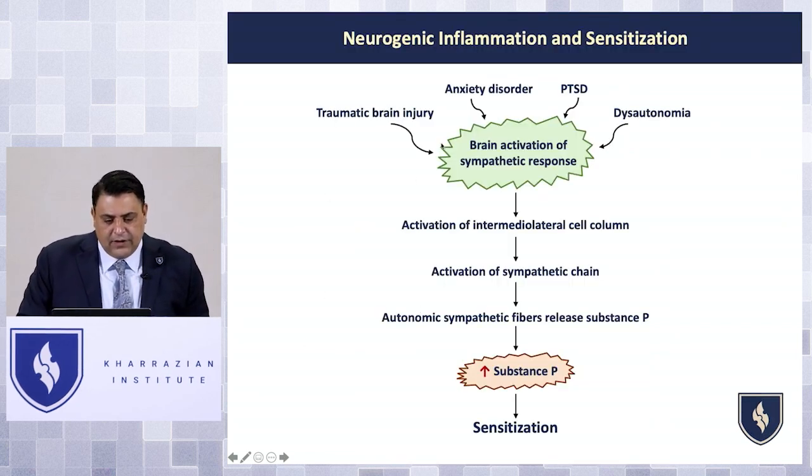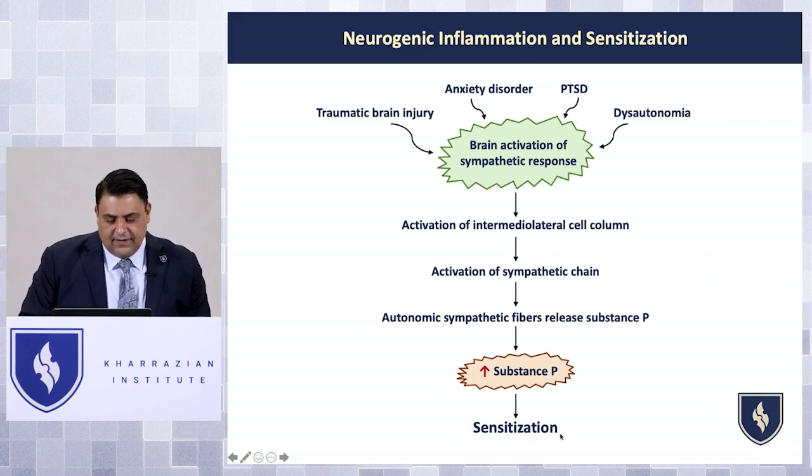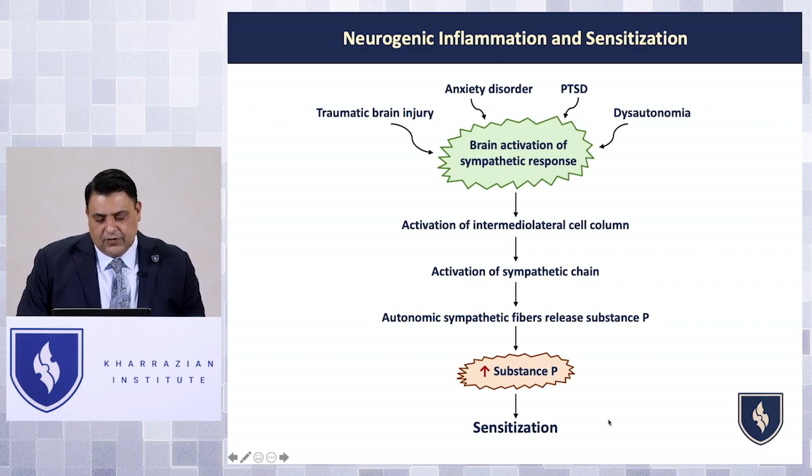If you have traumatic brain injury or anxiety disorder, PTSD or dysautonomia, these things all increase the sympathetic response, which means there's activation of the intermediolateral cell column of the spinal cord that fires into the sympathetic chain. Nerve fibers get activated. Nerve fibers release substance P. Substance P sensitizes nociceptors and tissues around it, and also catecholamines from the sympathetic response activate pain fibers as well.